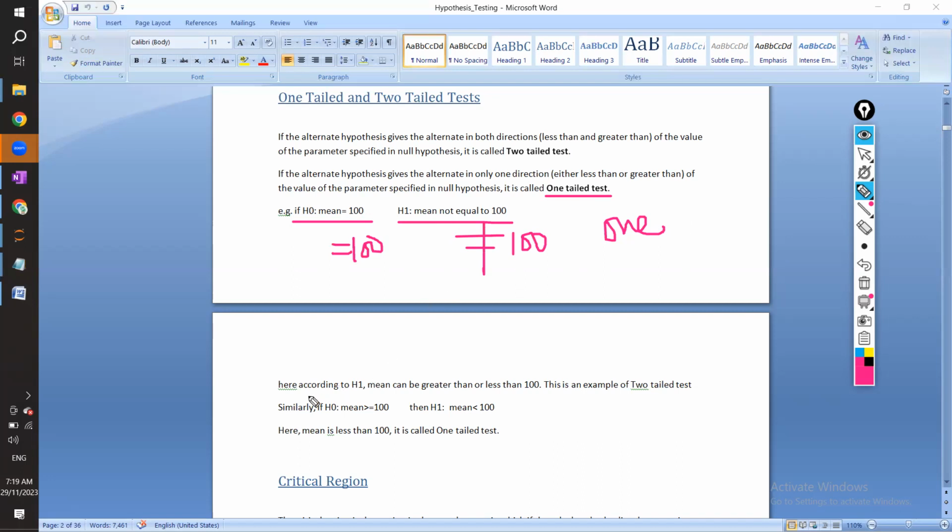Here, according to H1, mean can be greater than or less than 100. In this scenario, according to H1, it is not equal to 100. So alternate is saying it is not equal to 100. That means it can be greater than or less than.